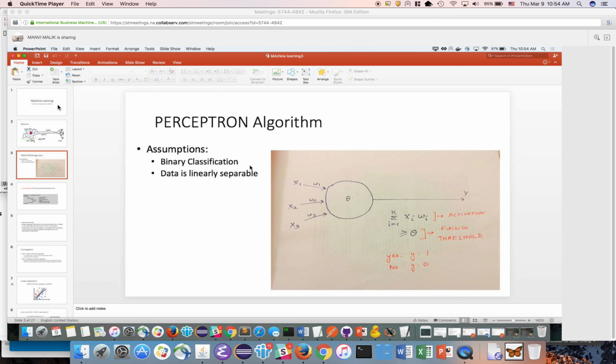And what we are doing in the perceptron algorithm is, let's say we start with every point misclassified. We keep on updating this W value. In the first scenario, let's say W is over here.